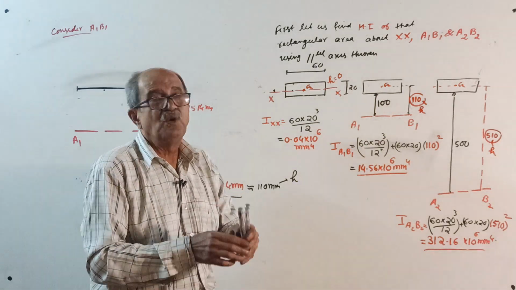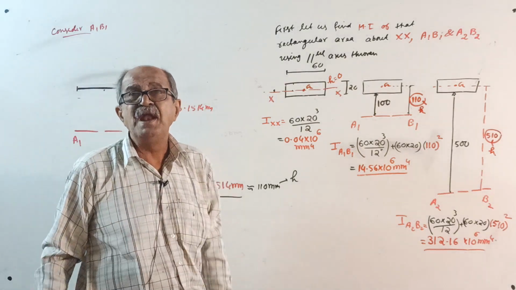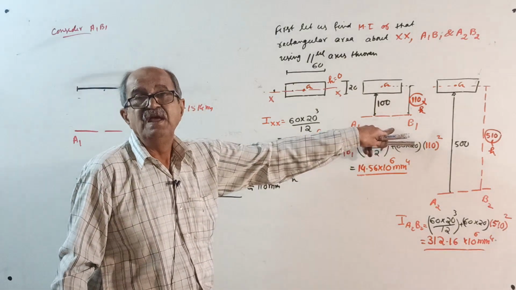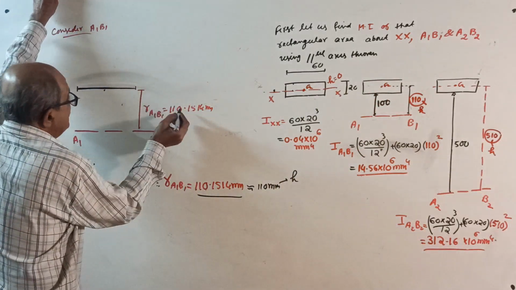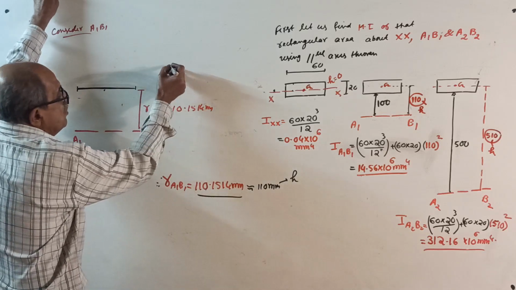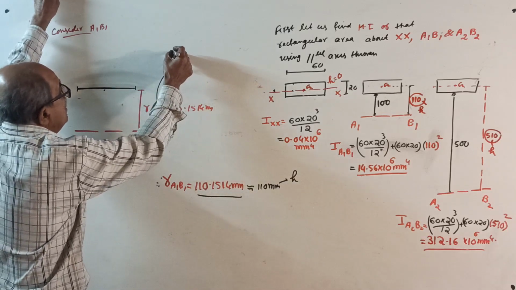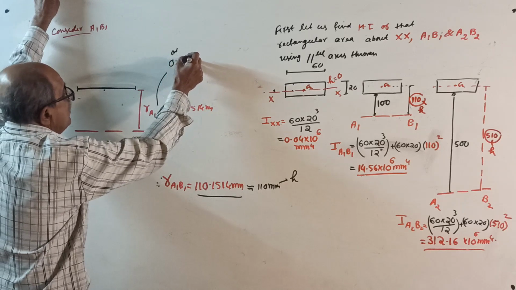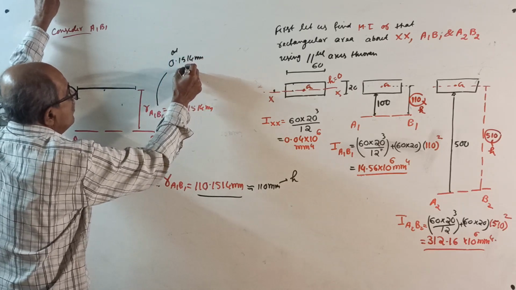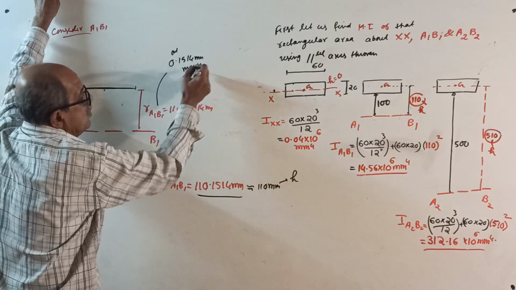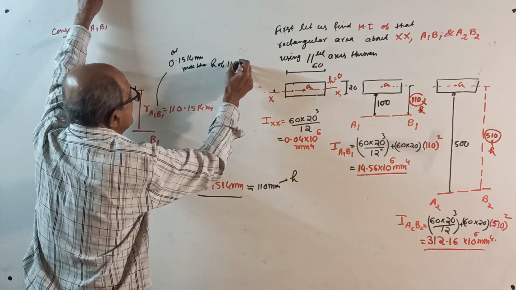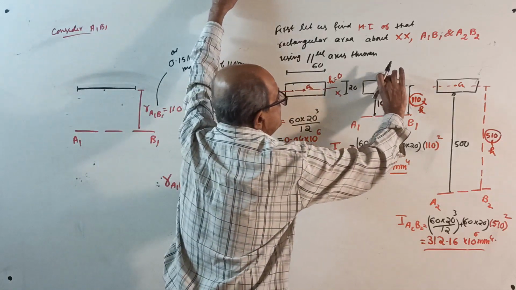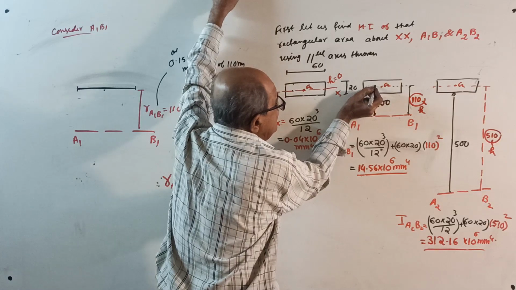When dispersion is more, moment of inertia predominantly depends on distances only, and Ig becomes negligible. The shift is only 0.1514 mm more than that H of 110 millimeter, so this squeezed area is slightly above.